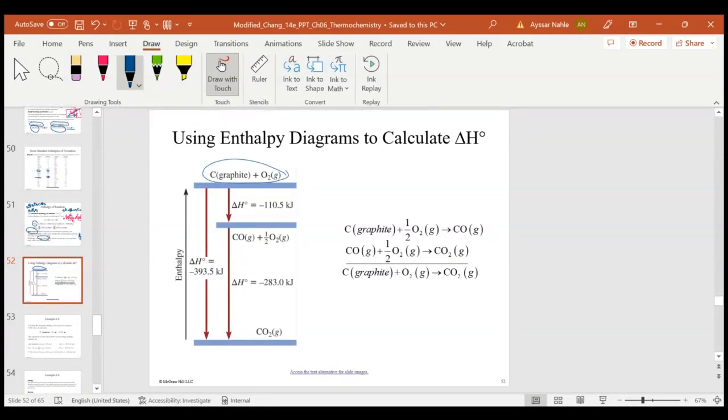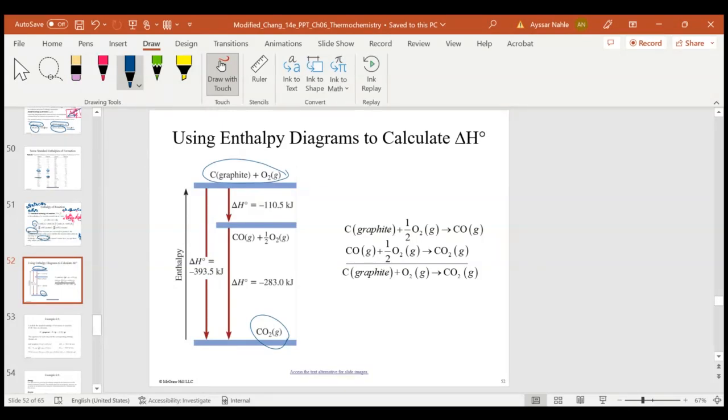If I burn it, what will it turn to? It will turn to C plus O2, and this will give me CO2. That's the final product. But does the CO2 have a lot of energy in it or less energy? Much less energy.